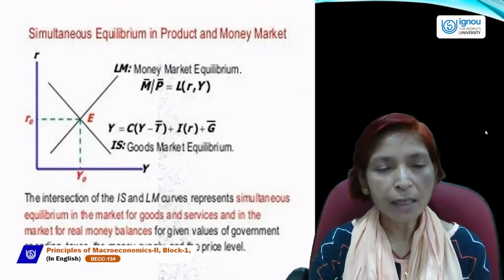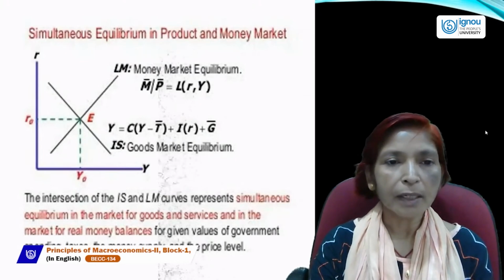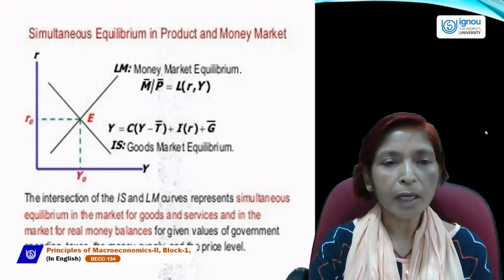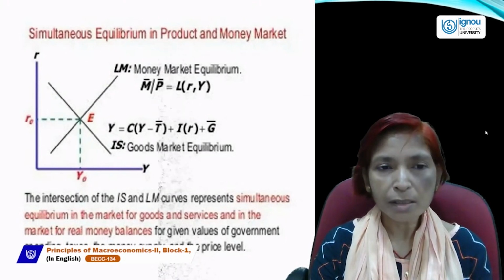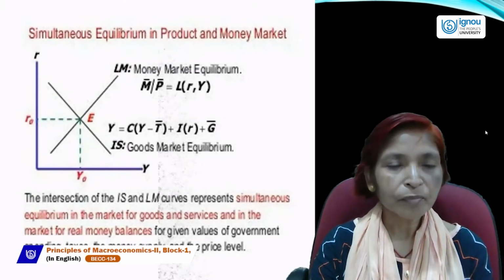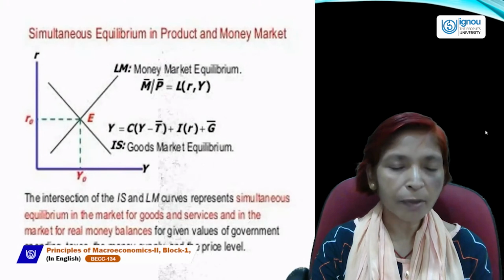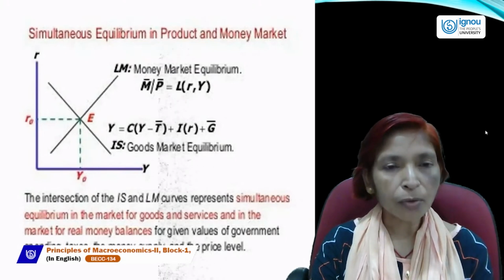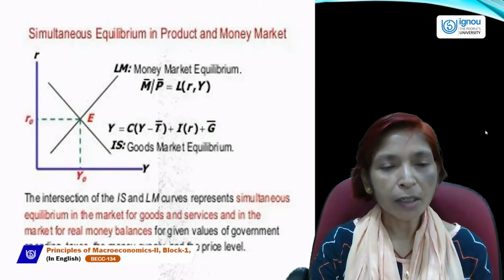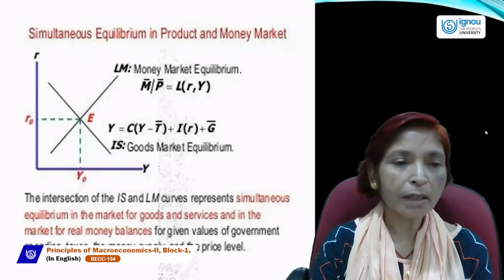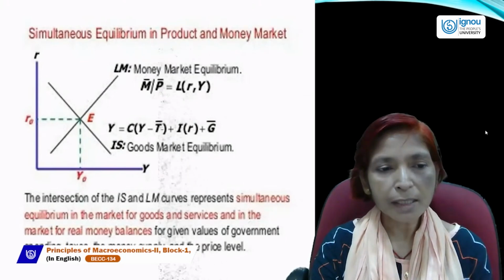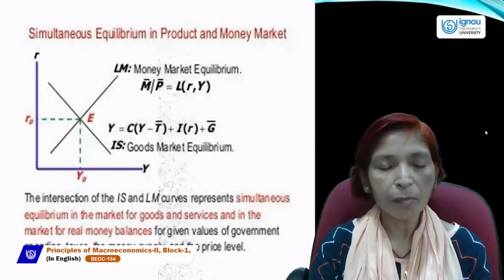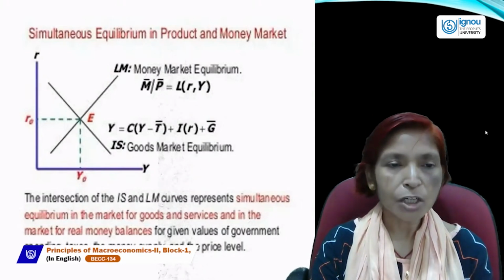Generally we can define the IS curve like this: the IS curve shows different combinations of rate of interest and level of income, which shows a negative relationship between them. Due to a rise in interest rate, the level of income will fall, and due to a fall in interest rate, the level of income will rise. That's why the IS curve slope is always downward from left to right.